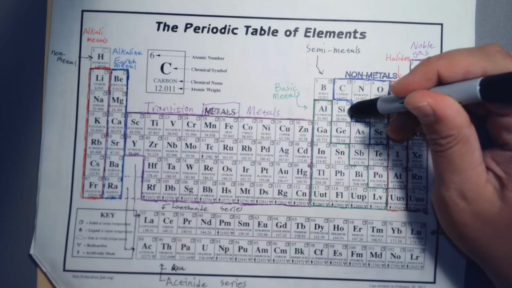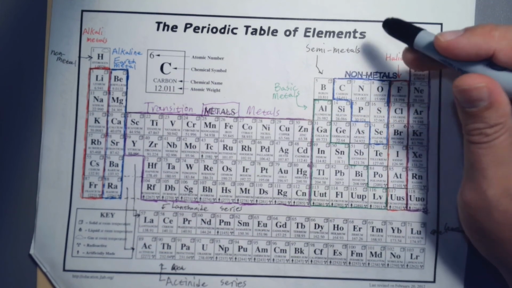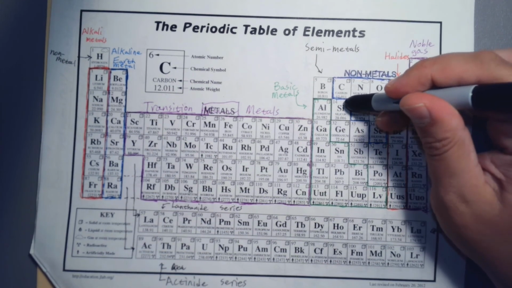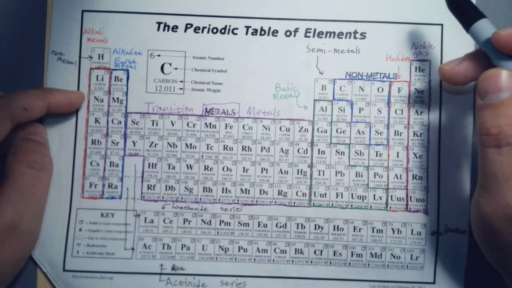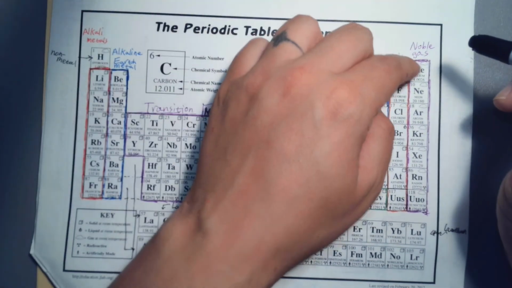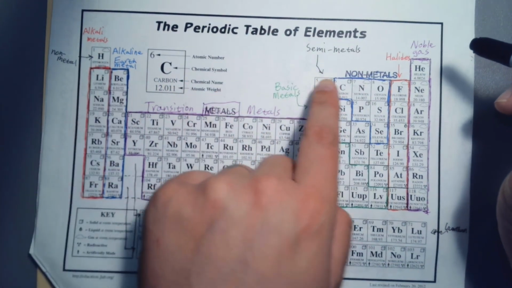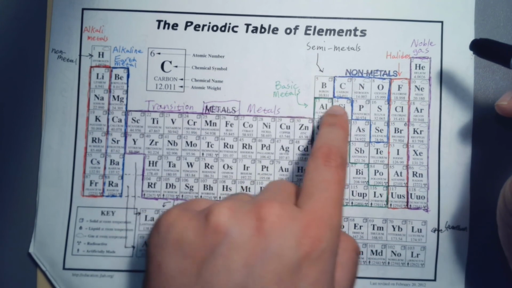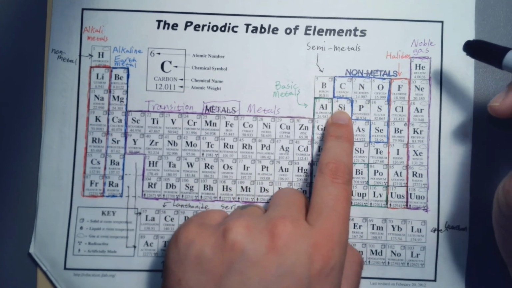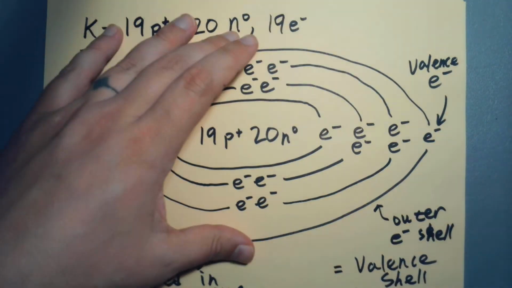And then those 14 electrons, so it's 14, 14, 14, nice symmetrical set of numbers. But those 14 electrons are going to be spread out among 1, 2, 3 shells. And there's going to be 2 in the first shell, and then 8 in the second shell, and then 4 in the third shell. And we can draw that something like this.